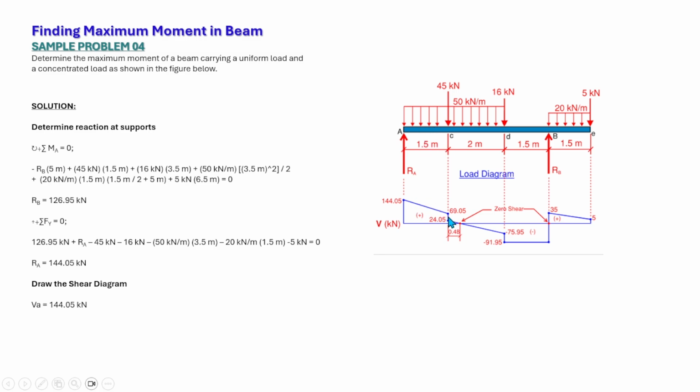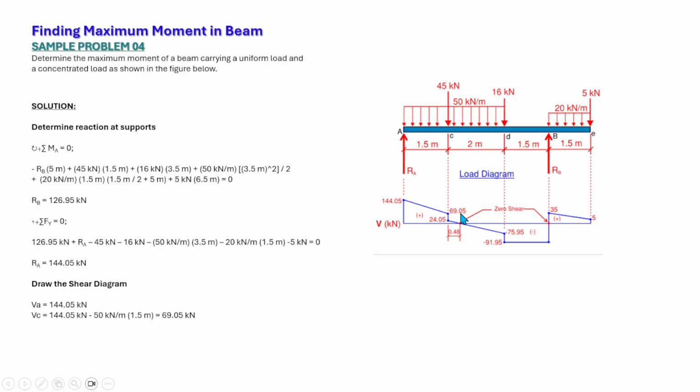So at this point C, the shear is equal to 144.05 minus the load between A and C. So to calculate that, 144.05 minus 50 times 1.5 is equal to 69.05. This one here.